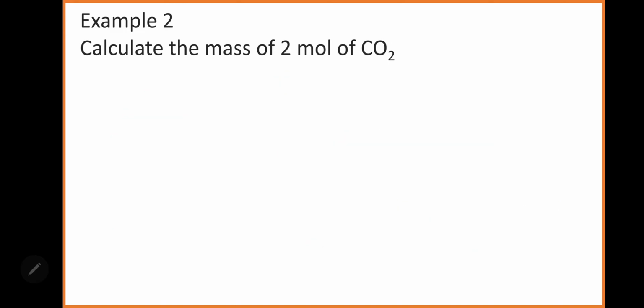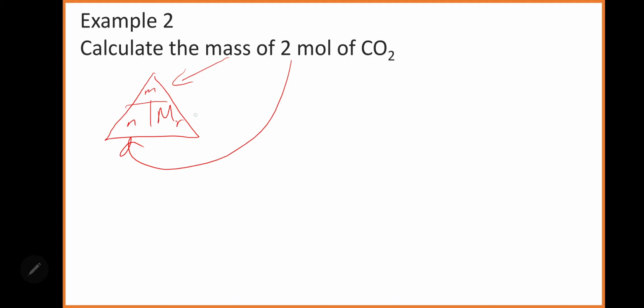Let's have a look at another example. So calculate the mass. So let's draw the formula triangle quickly. We said n equals m over Mr. We have the mass, or we need to calculate the mass. We have the moles, and the Mr we know is 44. Moles is 2.